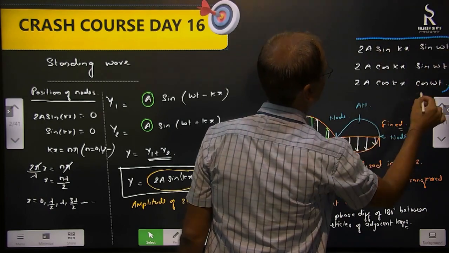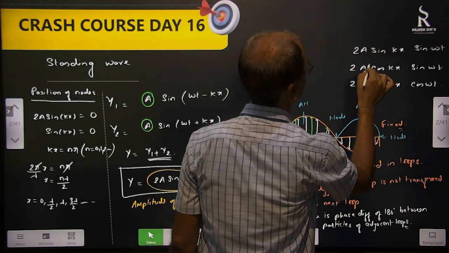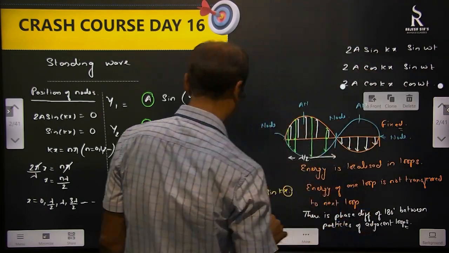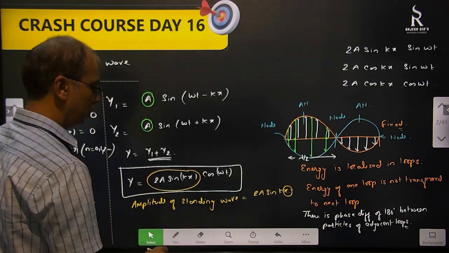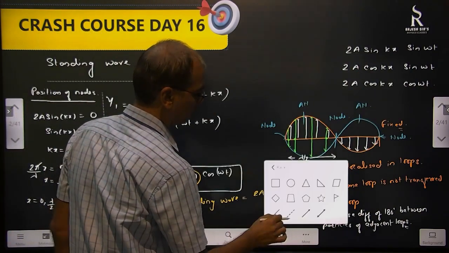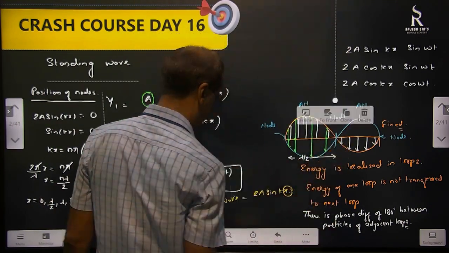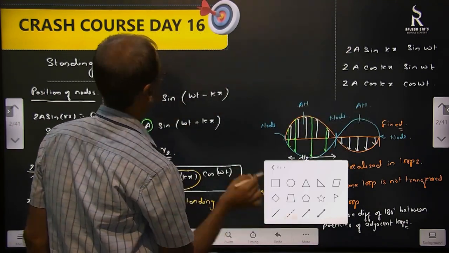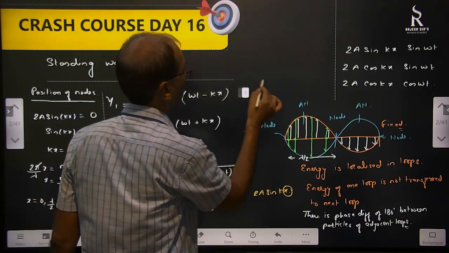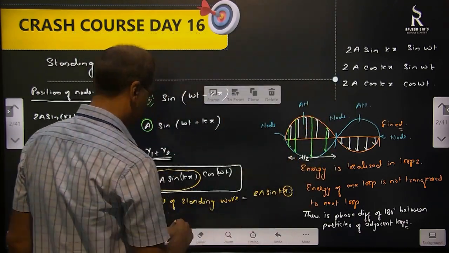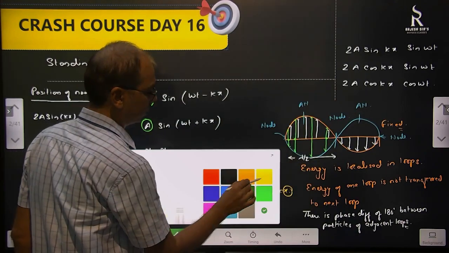Is it visible to you fully? Or I'll take it here. Okay, fine. So now for positions of antinodes we'll do here.